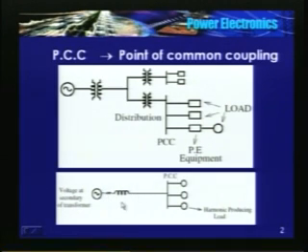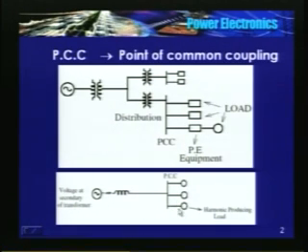This is the system impedance, could be including the leakage impedance of the transformer, and here are the loads, this one being the harmonic producing load. The moment I am feeding it through a power electronic equipment, there are going to be harmonics.